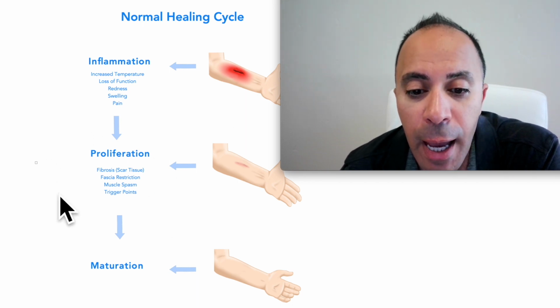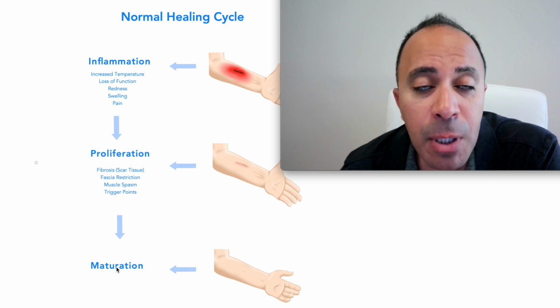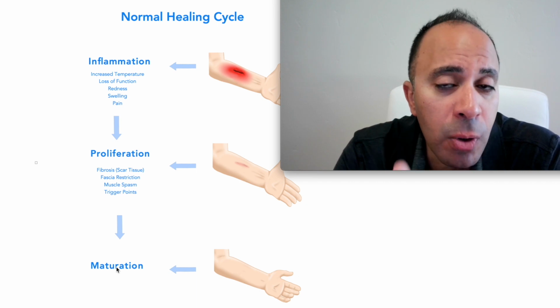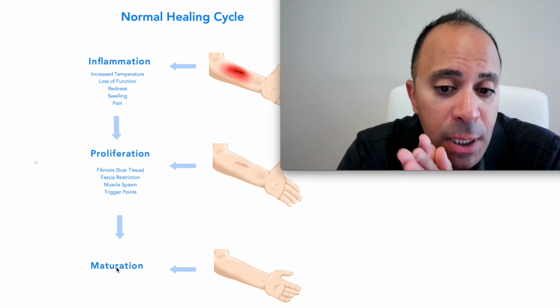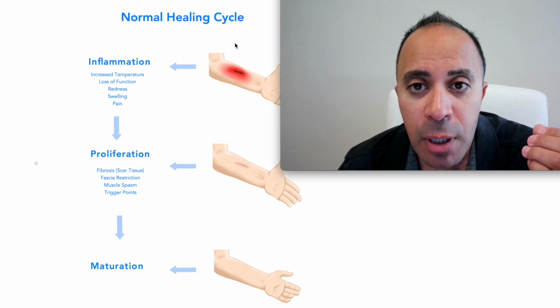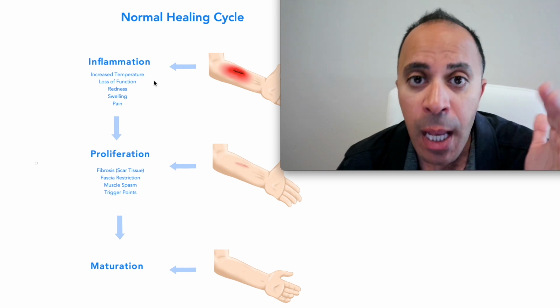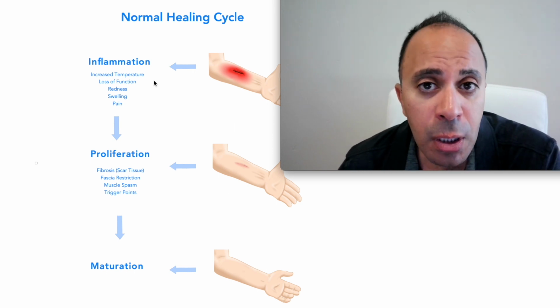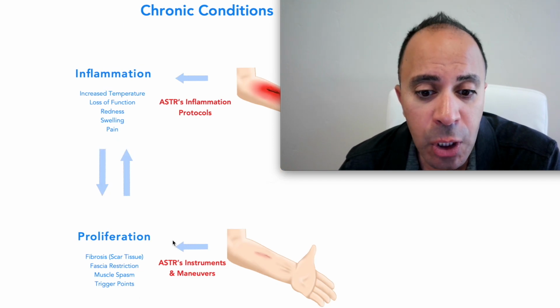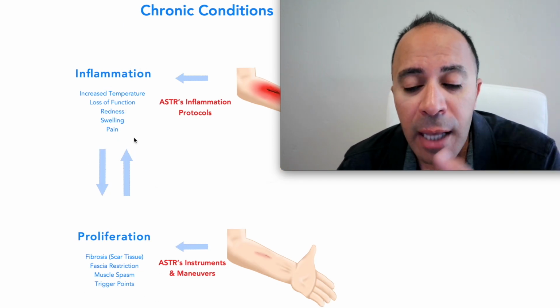The end stage of healing is the maturation stage. That's when the body starts to clear up everything from the proliferation stage and the inflammation stage, and your body dissolves all the scar tissue and decreases the inflammation. If you have a chronic condition, your body is probably going back and forth between inflammation and proliferation. So how do we address that?